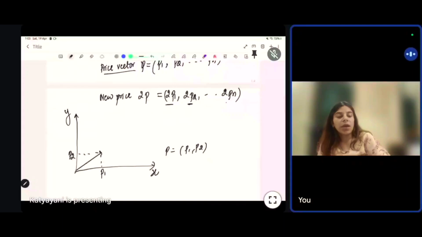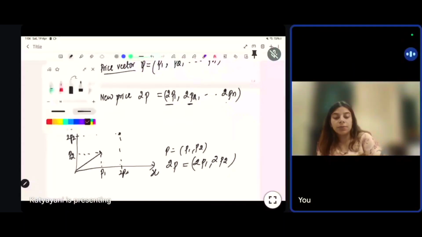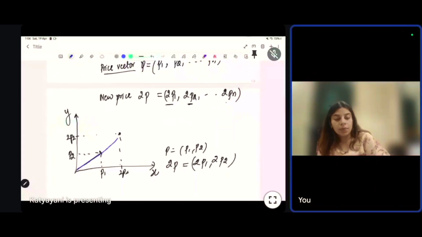If I say I have to find 2p, what does it mean? It will become 2 times p1 and 2 times p2. So the new vector will be the double of this: double of p1 and double of p2. So the new vector would be this.